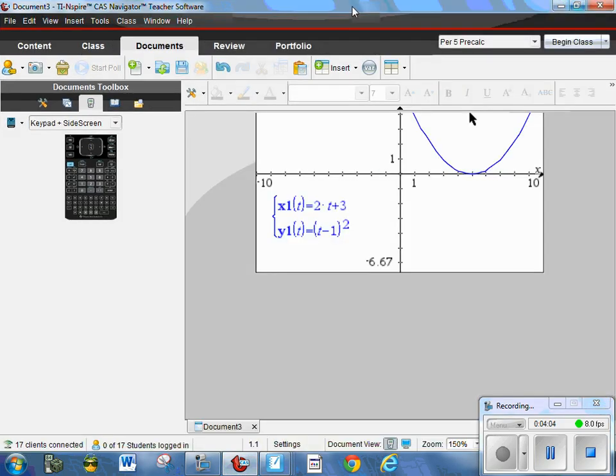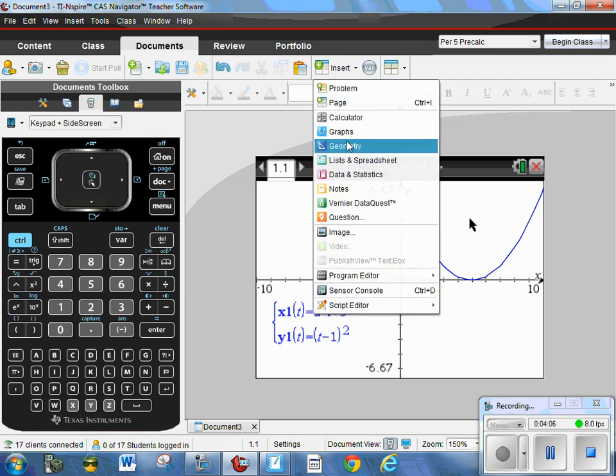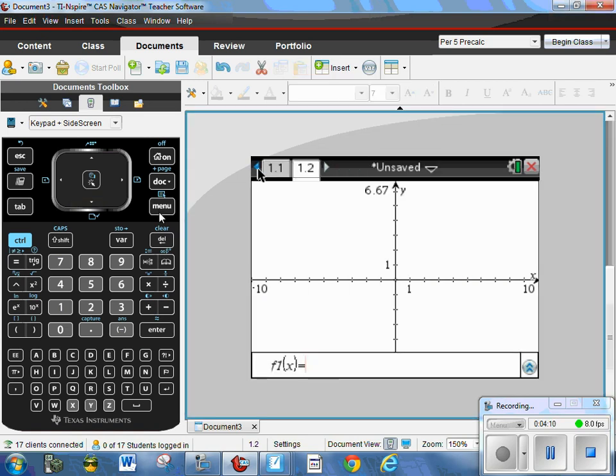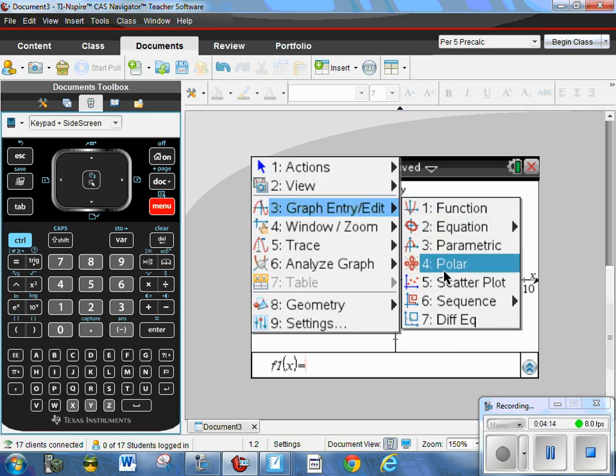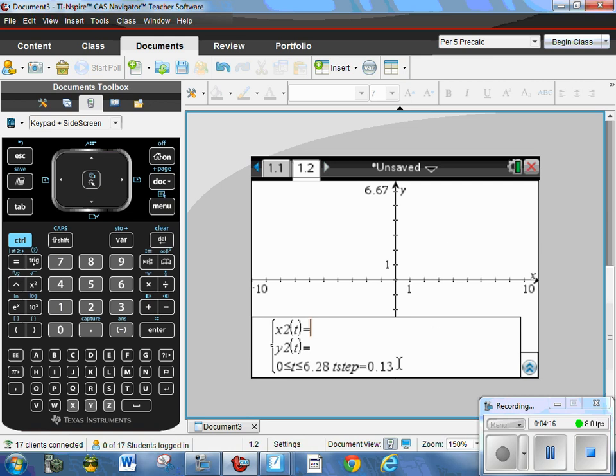I'm going to start a new graphing page. And just like we did for polar, we're going to go to Menu, Graph, Entry, and Edit, and then to Parametric. Notice then we have an x of t and a y of t. Since I did this in a previous class, mine's x2, yours is probably saying x1.